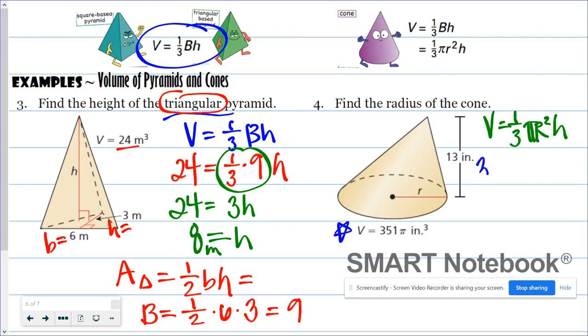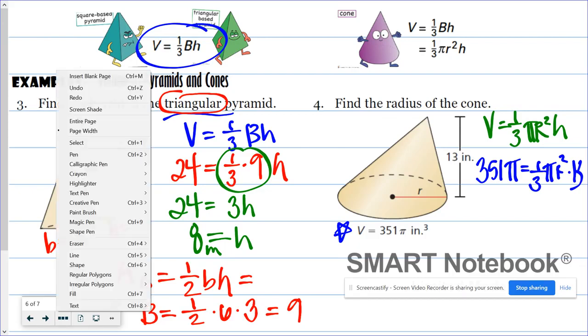So I'm going to plug that in. 351 pi is equal to 1/3 times pi times the radius squared. I don't know that. Times h, and h is 13. Can I fit it? Just barely. So I have 351 pi equals 1/3 pi r squared times 13.